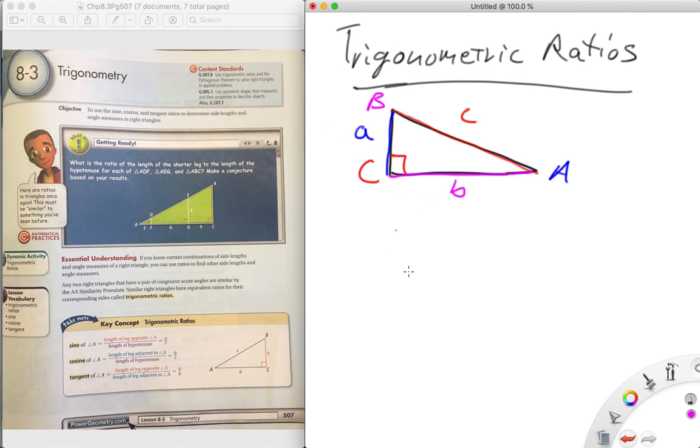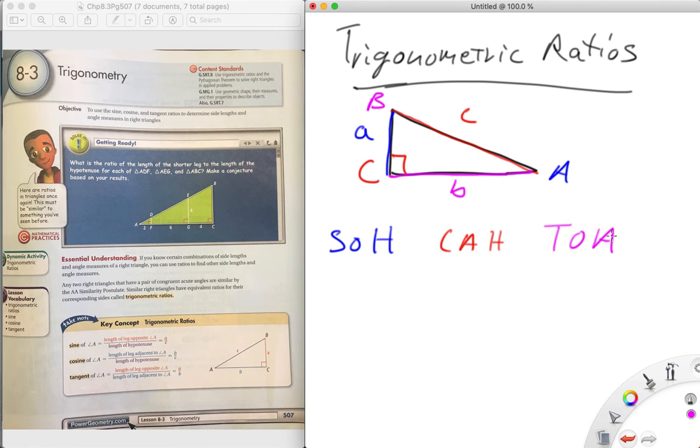Okay? Now, there's a phrase that you're going to see quite a bit that will help you with trigonometric ratios, and it's something called SOHCAHTOA. We're going to get to that in a second.